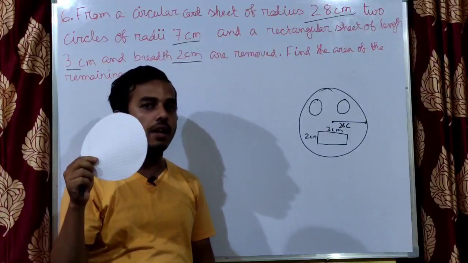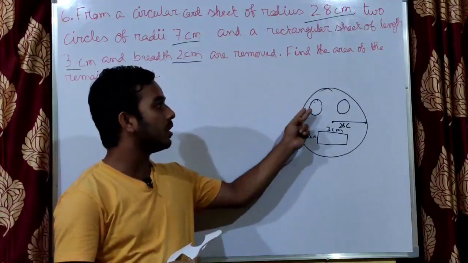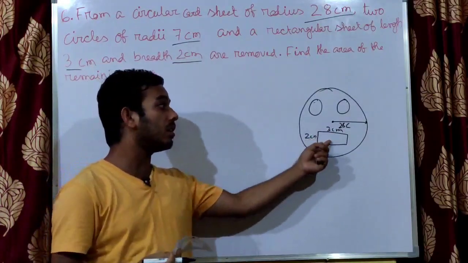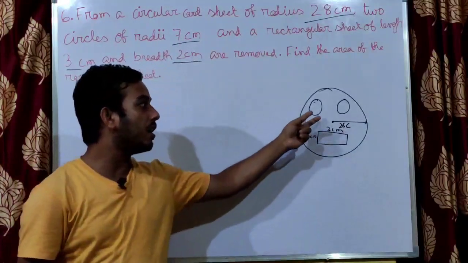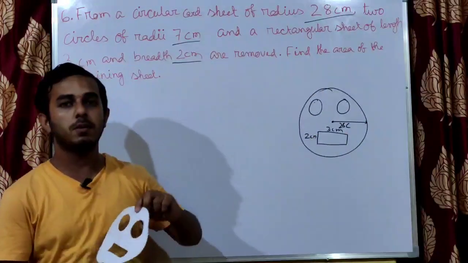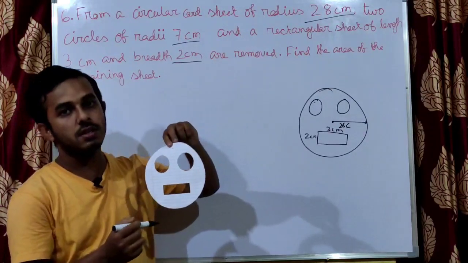Now after finding the area of the sheet, if we find the area of both the circles, this one and this one, and the area of the rectangle, and after that subtract the area of the circles and the area of the rectangle from the area of the sheet, the area of the remaining portion will come. That means the area of this part, right?